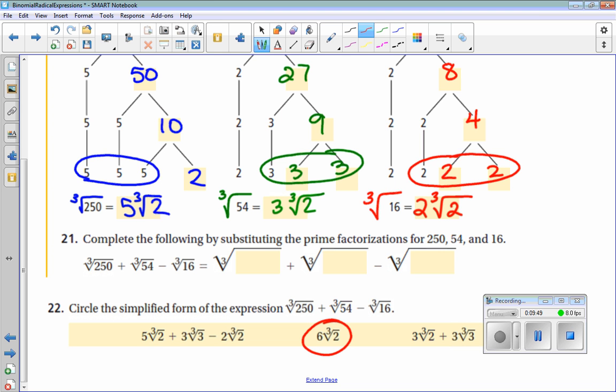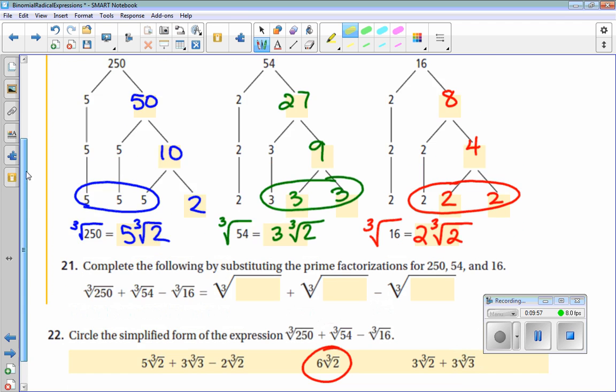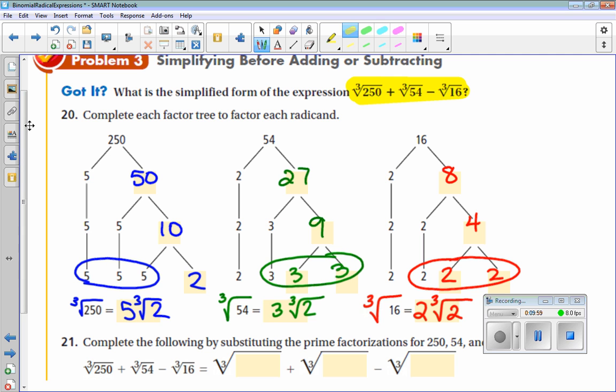Now this is one that you could check on your calculator because I don't have any x's or y's, so I want you to check it. Let's go ahead and plug in the original problem, the cube root of 250. Do you know how to plug in the cube root of 250? Where can I find it on my calculator?